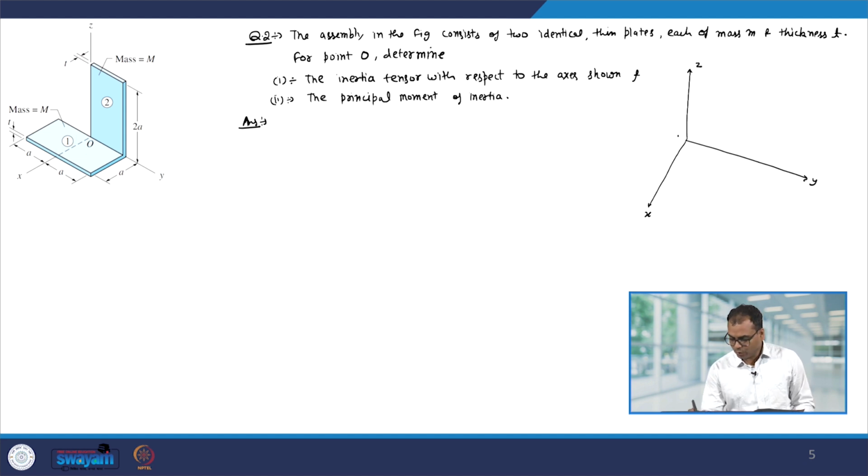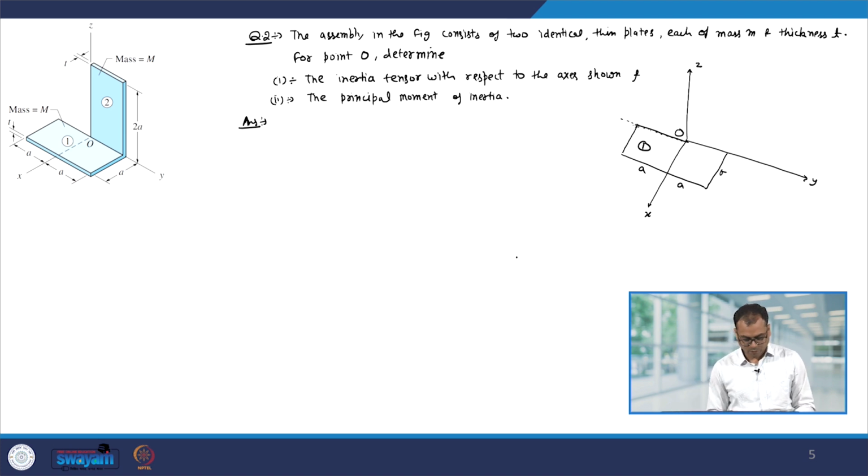Then plate 1 is like that, and it is given that this length is a, this is also a, and that is also a.